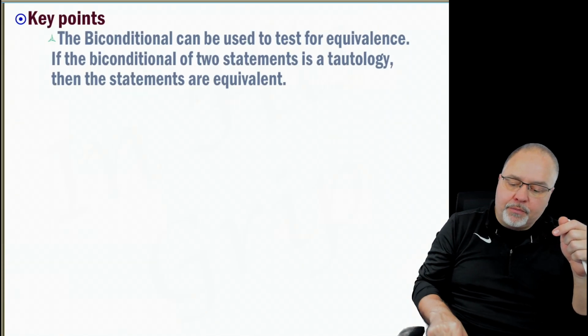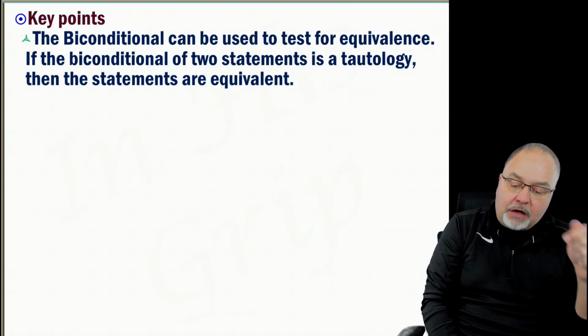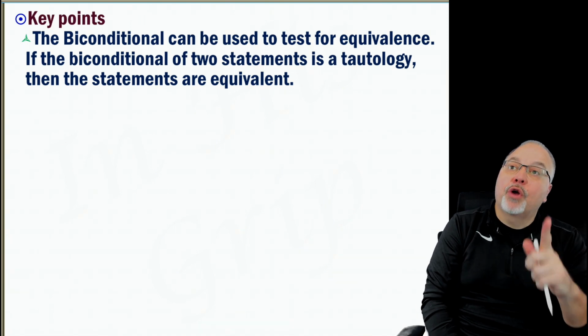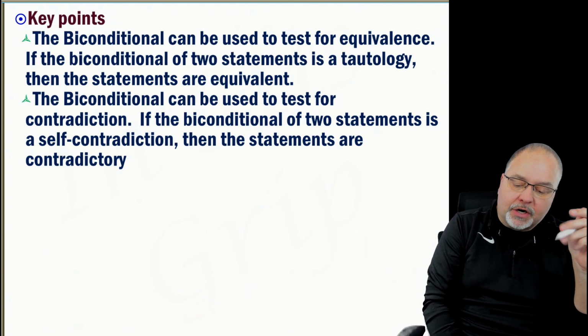Let's keep moving. Key points. The biconditional can be used to test for equivalence. If the biconditional of two statements is a tautology, true for every row, then the statements are equivalent. The biconditional can be used to test for contradiction.